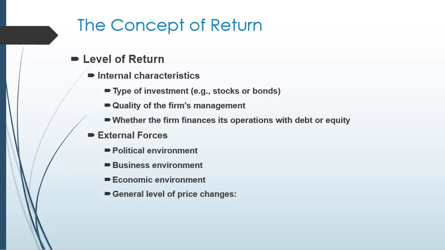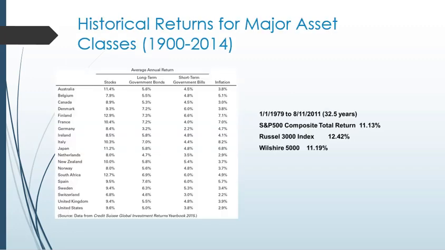The type of investment has certain risk characteristics, the quality of management, the amount of debt that the company utilizes. And then there are external forces from politics, business, the economic environment, inflation. All of these things will have an impact on the level of return that an asset ultimately receives.